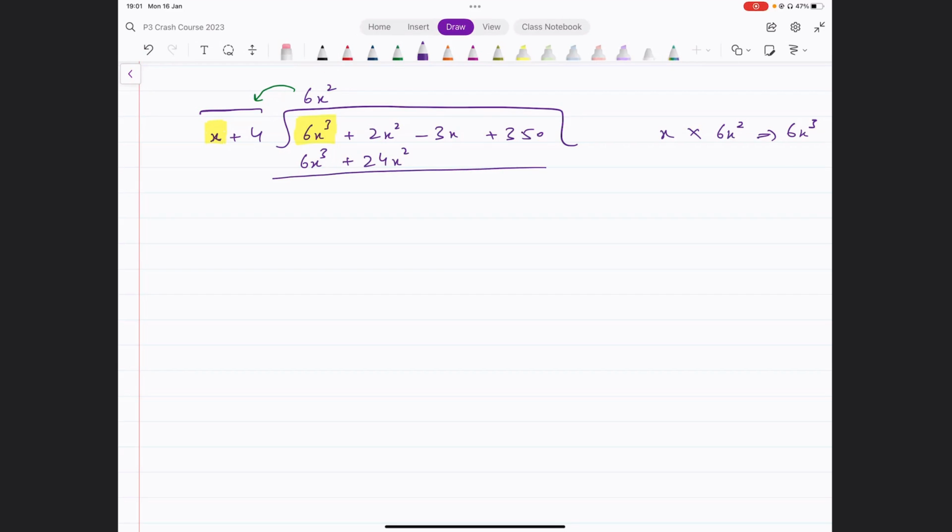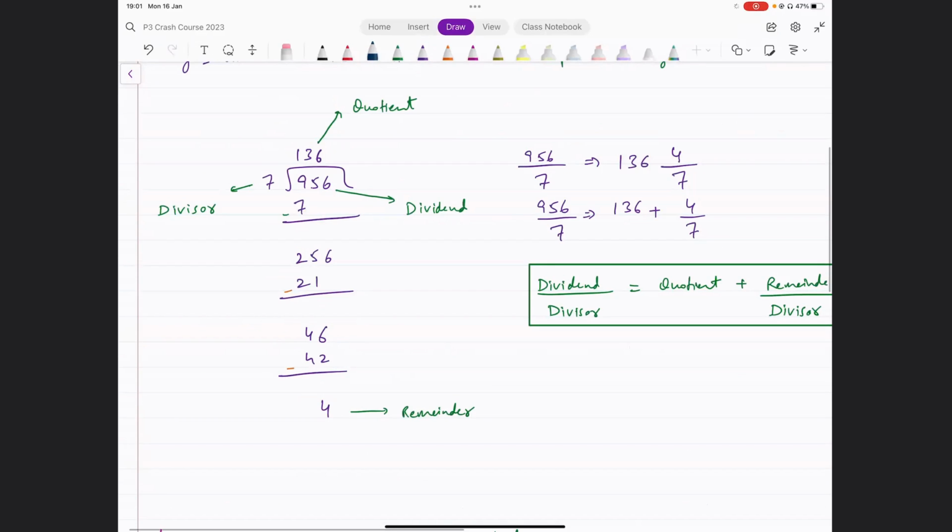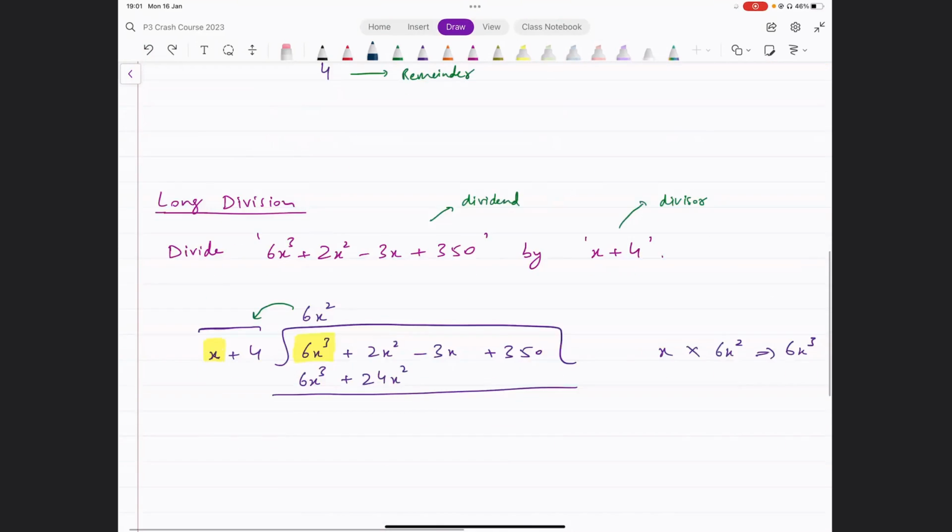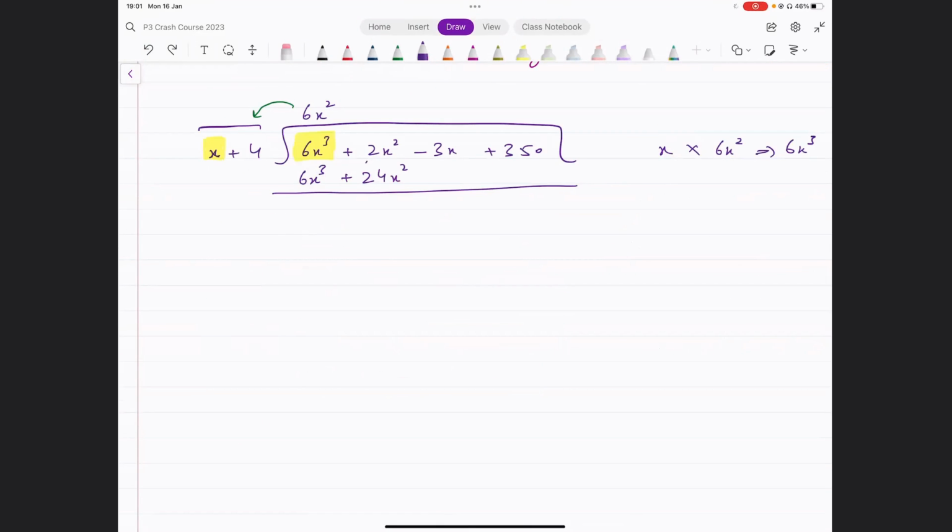Now, once you're done with this, just like you used to do in numerical division, you subtract this from the expression on top. An easy way of doing this is that you change the signs of all terms in this expression.